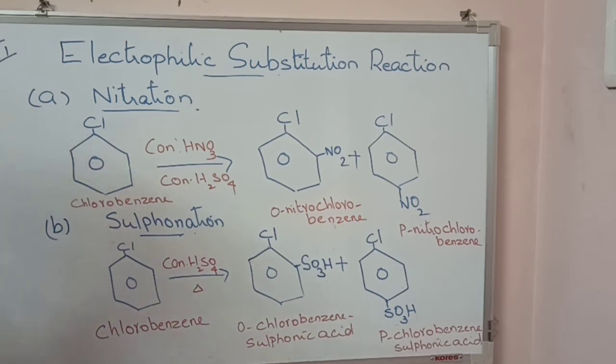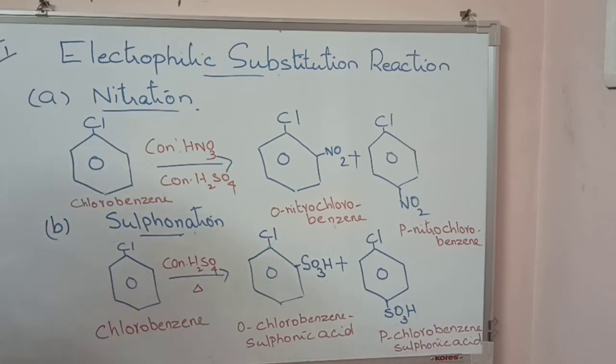So let us move to the first electrophilic substitution reaction, that is nitration. For example, chlorobenzene on treating with nitrating mixture. Nitrating mixture is mixture of concentrated nitric acid and concentrated sulfuric acid.